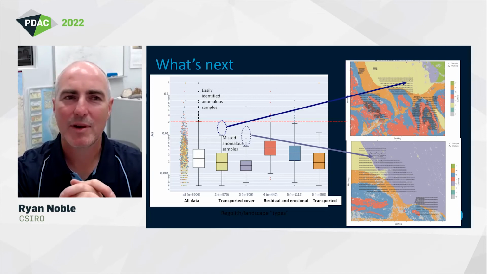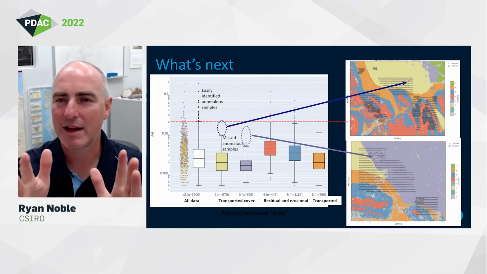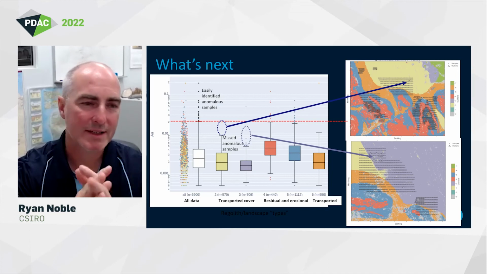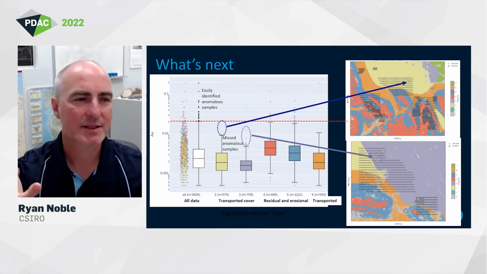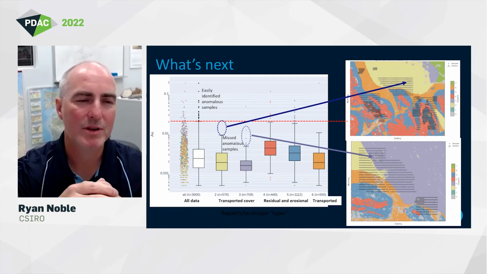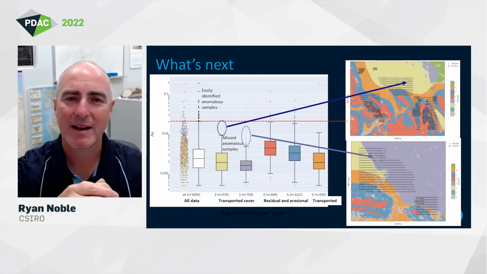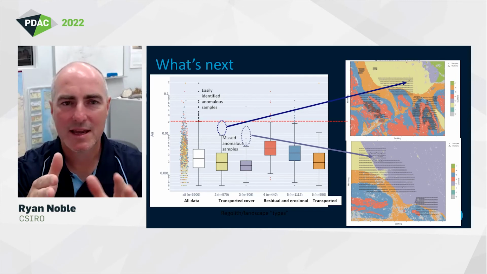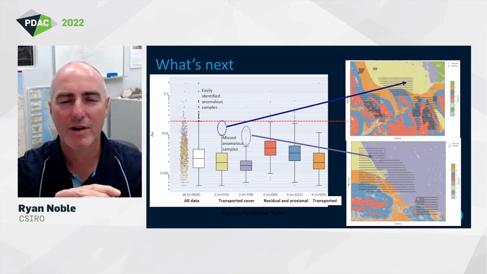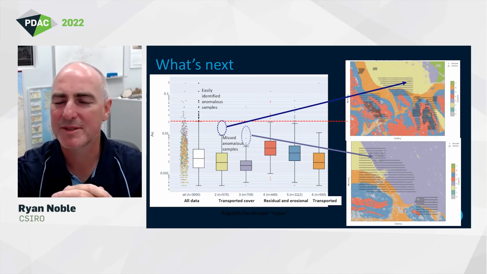Now, if you evaluate that whole data set as one, which is what the white box plot does on the left-hand side of this diagram, you will pick out the anomalies with the greatest concentrations. Like this is for gold, so you're going to pick out the gold numbers, which is all the ones above the red bar. And what you see really clearly is that this technique will pick out all the high gold in the residual and erosional type settings.